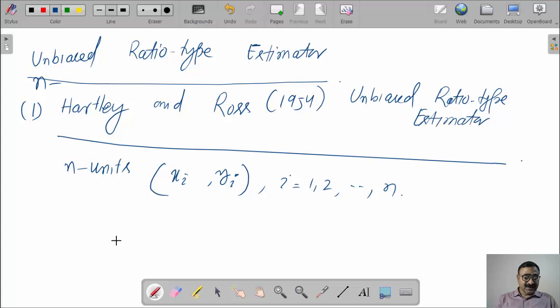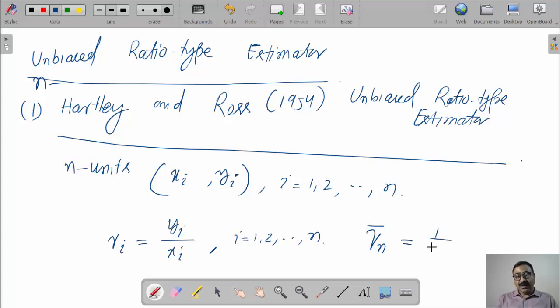Then we calculate the mean of the ratios. We define R_i equal to y_i by x_i, i equal to 1 to n, and R_n bar equal to 1 by n summation i equal to 1 to n R_i, that is equal to 1 by n summation i equal to 1 to n y_i by x_i, and this is the mean of the ratios.